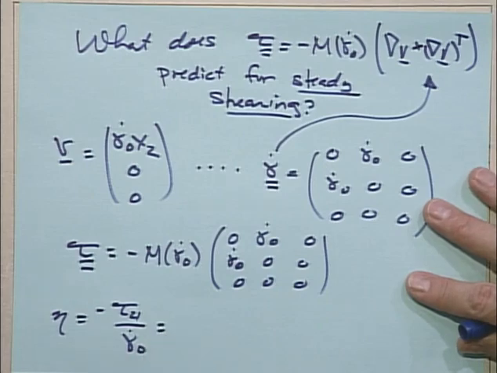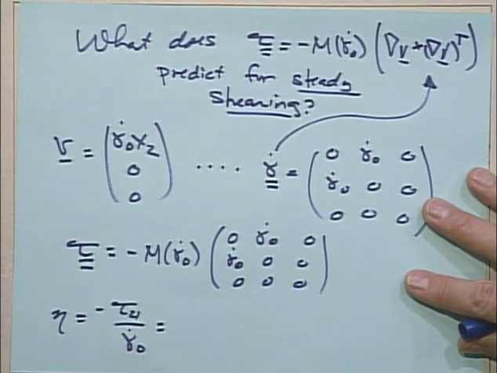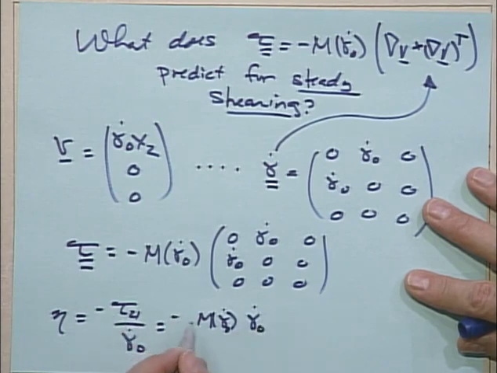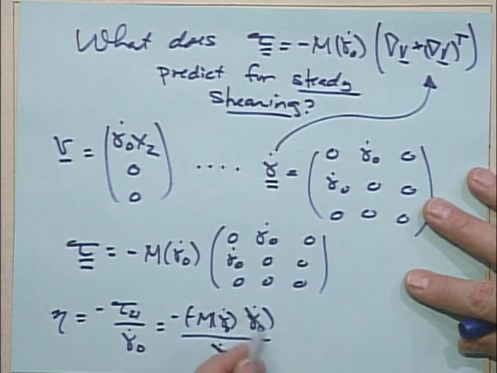What's the 2, 1 component of this tensor? Yeah, m, which is a function of gamma dot, times gamma dot. And there's a minus sign and a minus sign, which cancel. So these guys can cancel, and we get m.